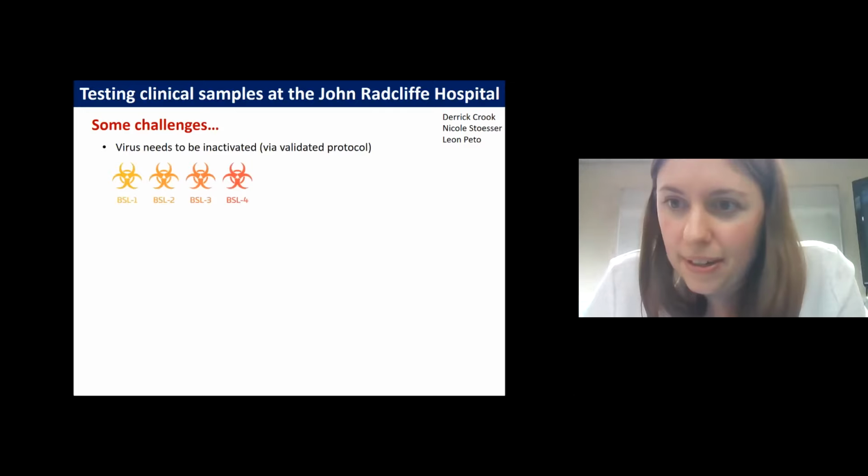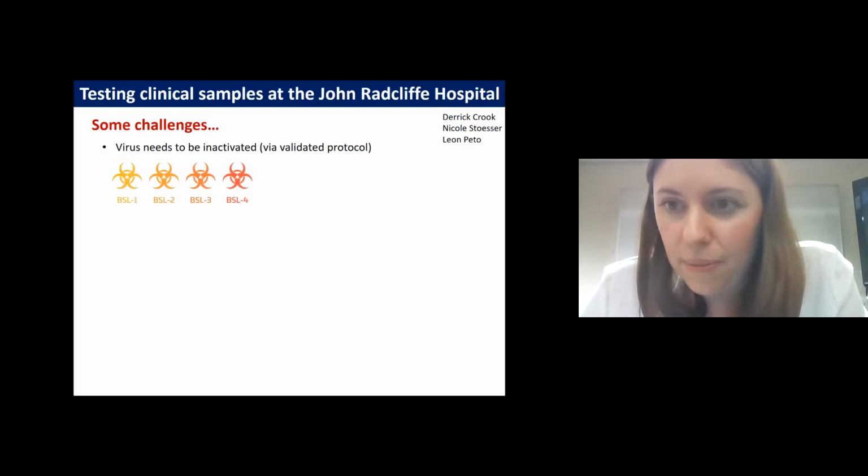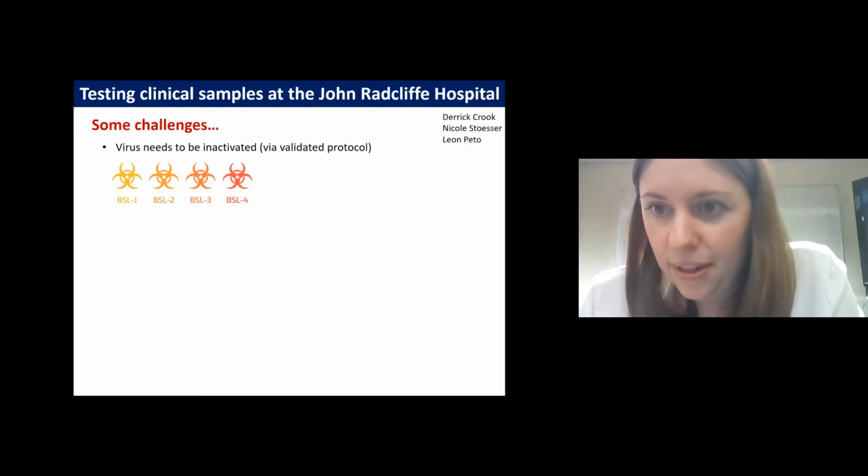Different laboratories and different pathogens are divided into different biosafety level groups, with biosafety level 1 being for non-pathogenic organisms, and biosafety level 4 being for very exotic, dangerous pathogens for which there's absolutely no cure or no treatment.